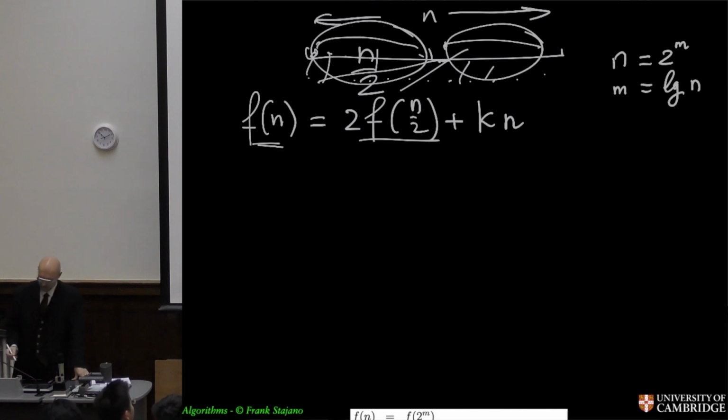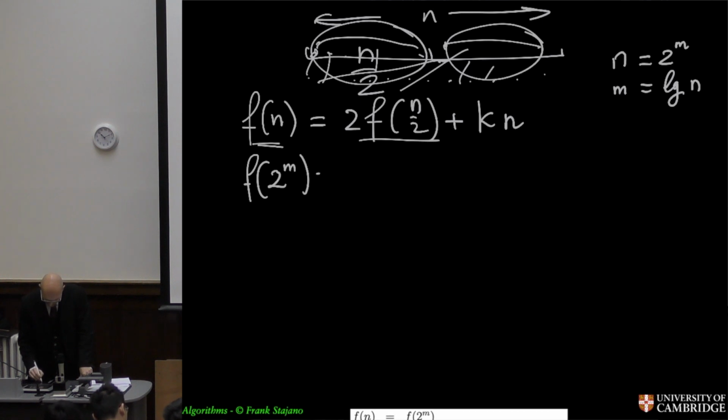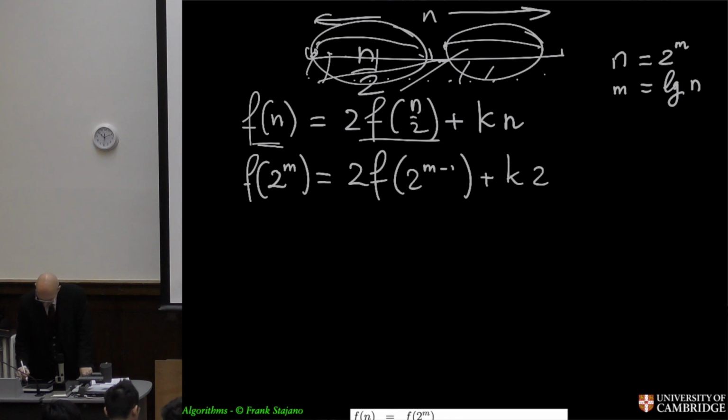I write log without the o when I mean in base 2. So if I do that, then this is f of 2 to the m equals 2 times f of 2 to the m minus 1 plus k 2 to the m.